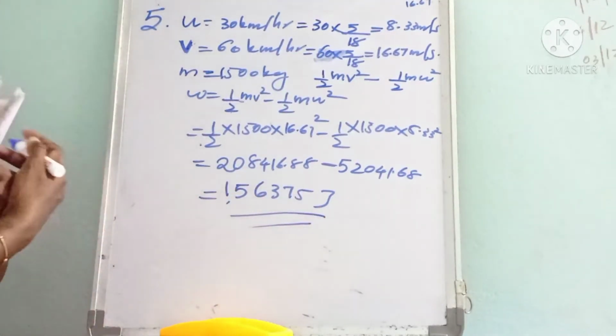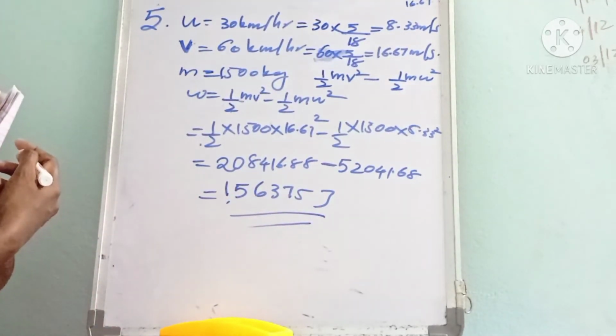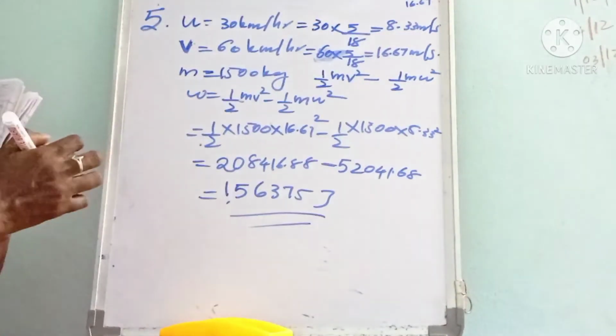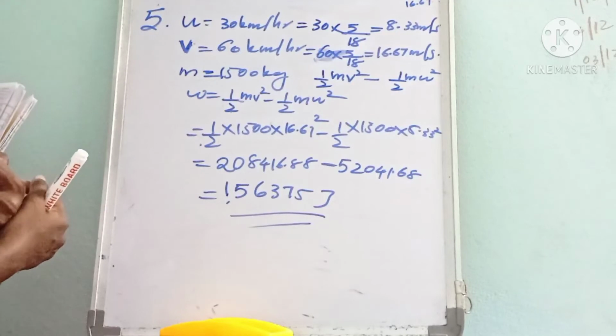That is the work done to change the velocity of a car from 30 km per hour to 60 km per hour.